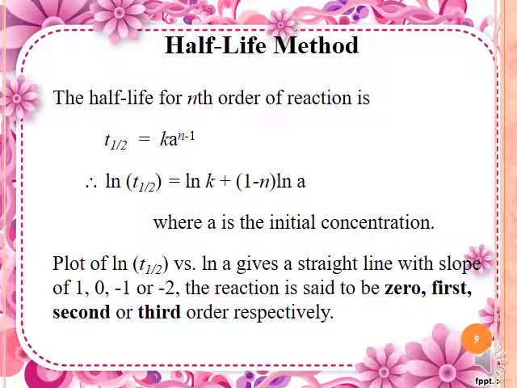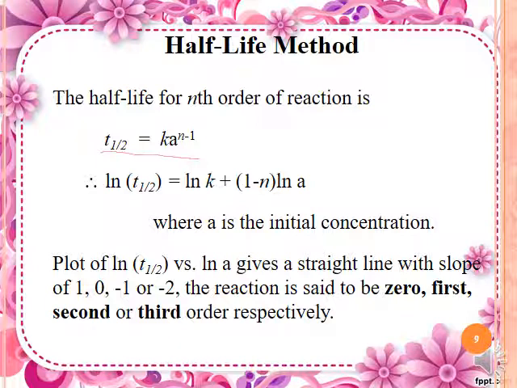Next we move on to the third method, which is the half-life method. So the half-life for the nth order reaction is written as this. So this is the general formula for the half-life method. And so we take the log of this formula on both sides.